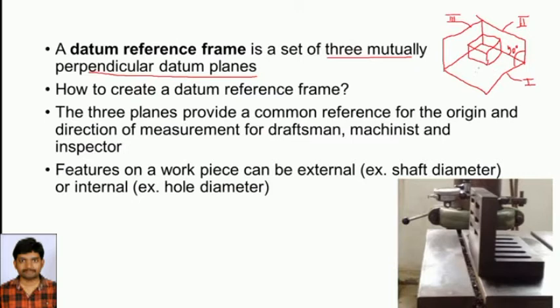For example, when you want to measure the height, this horizontal surface is taken as the primary reference. When we want to measure this particular distance, again this plane is taken as a reference, and then the distance is measured. Similarly, when we want to measure this distance, this plane is taken as a reference, and then the measurement is made.